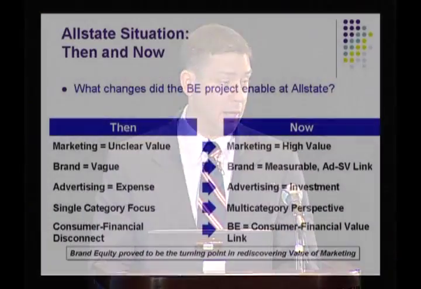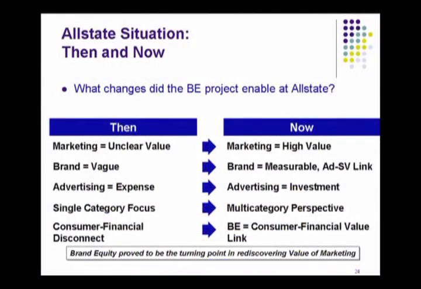So what did it do for us in terms of enabling changes to the culture, changes to the way people viewed marketing? Traditionally, the value of marketing was unclear across the business. It became apparent after the BRAN EQT model was operationalized that marketing is a high-value asset. Allstate's been in existence for 75 years.